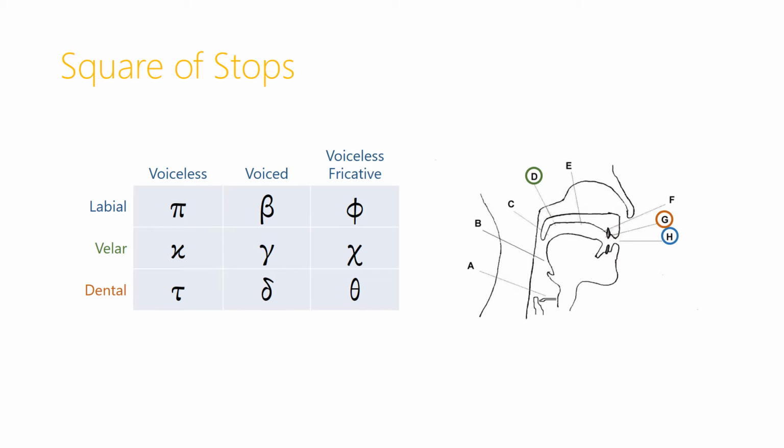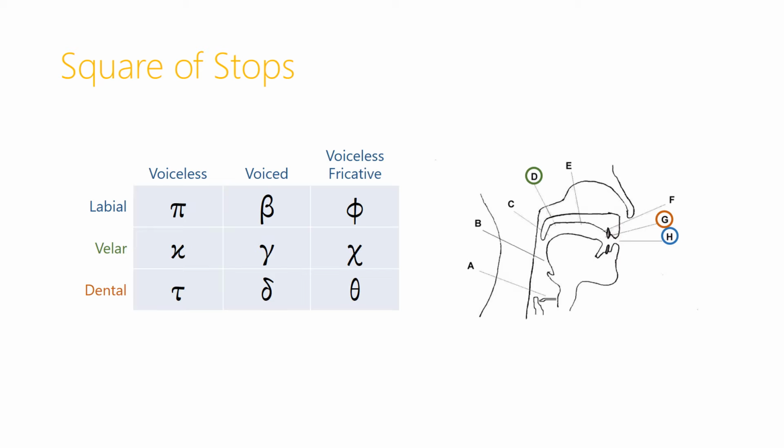The labial stops are called labial because labia are lips in Latin, and these consonants are formed by putting the lips together or touching the lips to your teeth. So p with pi, b with beta, and f with phi are all made with our lips. So we call them the labial consonants, or the labial stops.